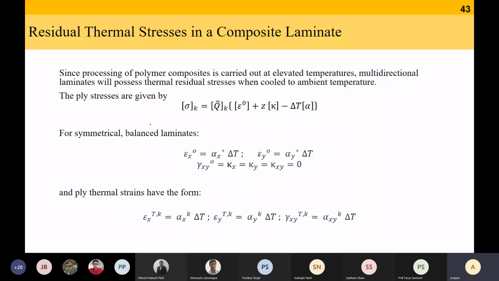So what have we done? We have sigma k, stress in a kth layer is this, okay, Q into total strain. For balanced symmetric, we know how to calculate the different strains, okay, and then we have the thermal strains, which come out to be something like this.